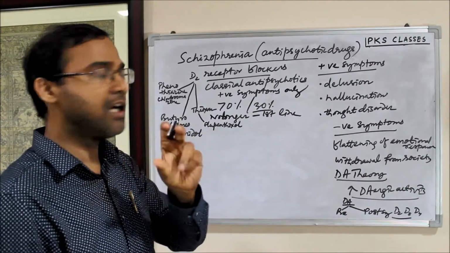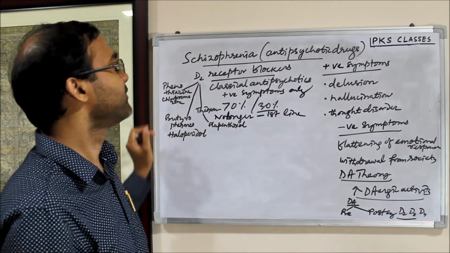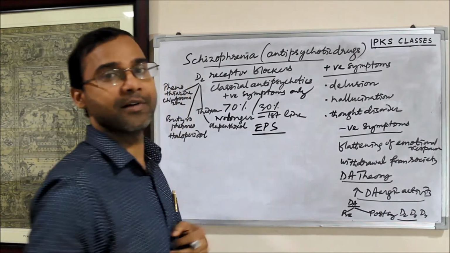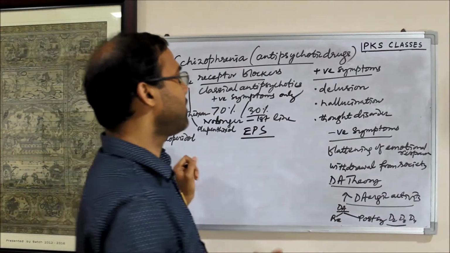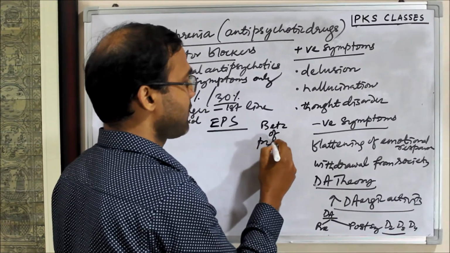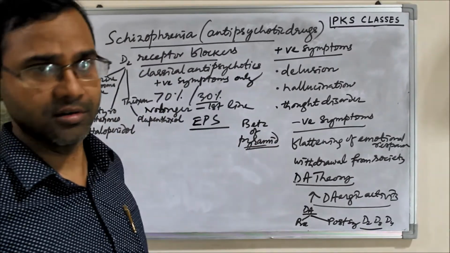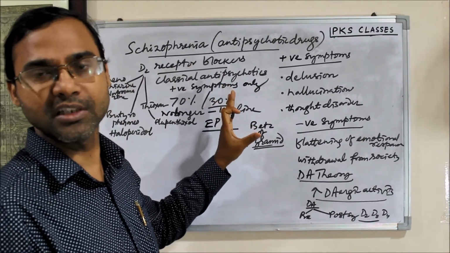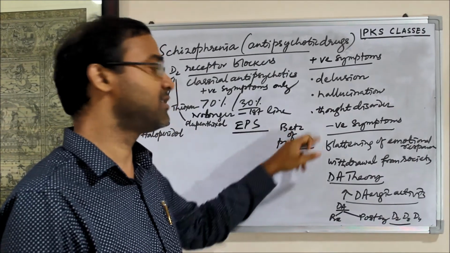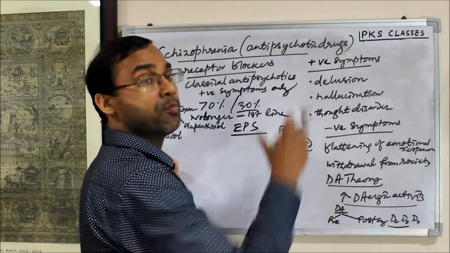But one major side effect with these classical antipsychotics, these three groups of drugs, is EPS, extrapyramidal side effects. Why is it called extrapyramidal? Because in our cortex there is a base of pyramid which controls the voluntary actions of skeletal motion. Extrapyramidal means outside this base of pyramid there is a zone which includes the dopaminergic tracts.